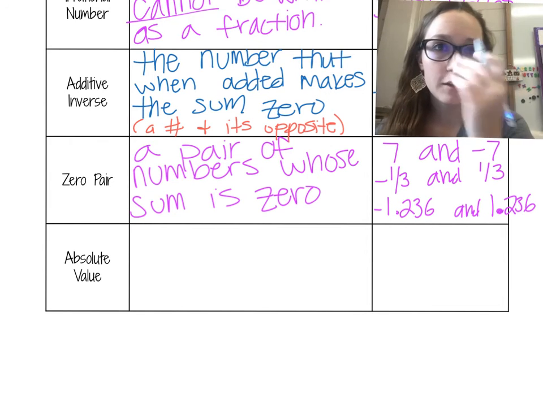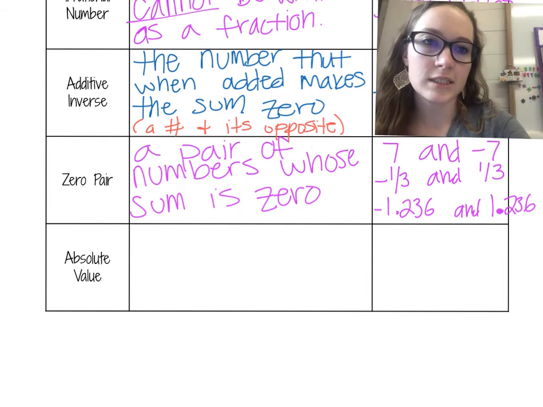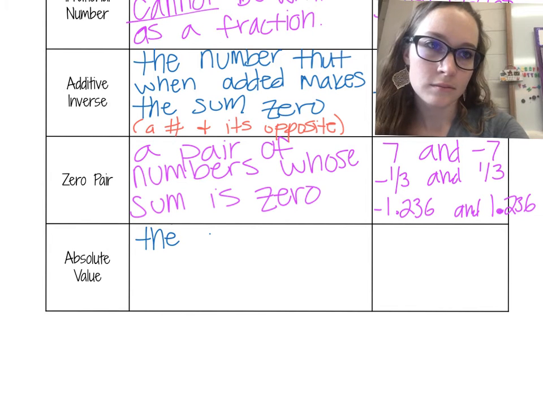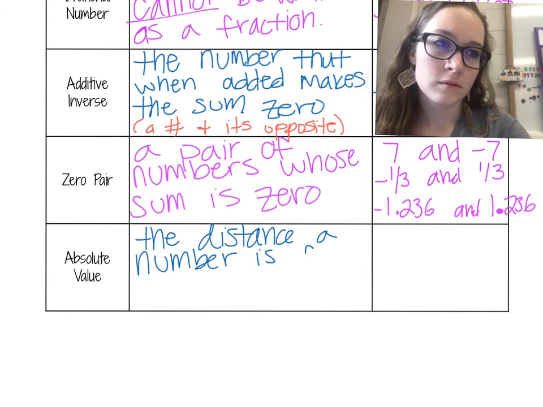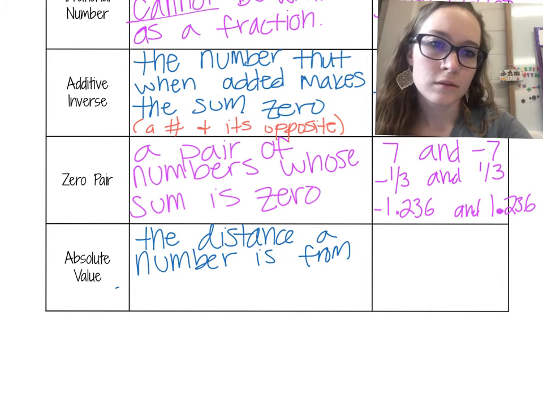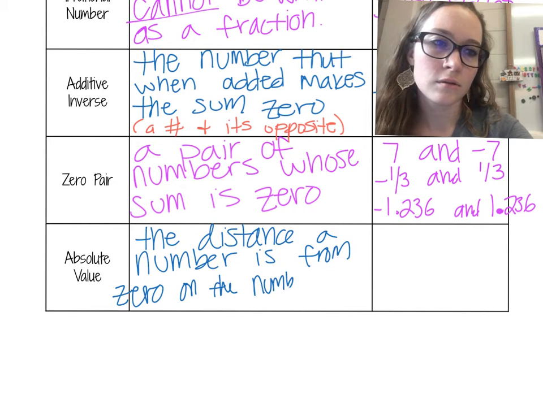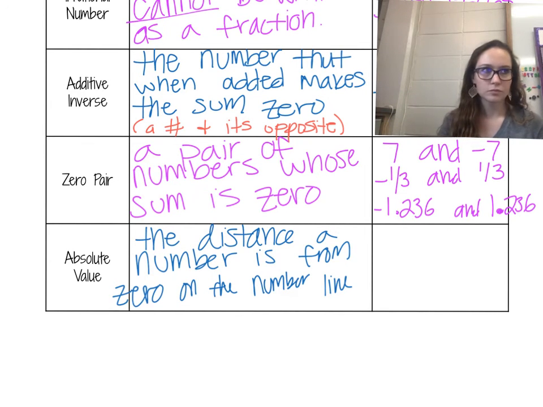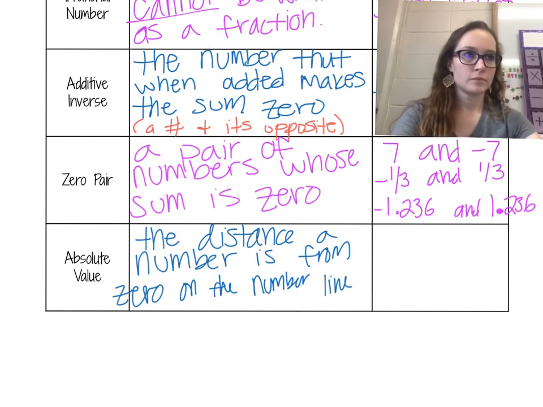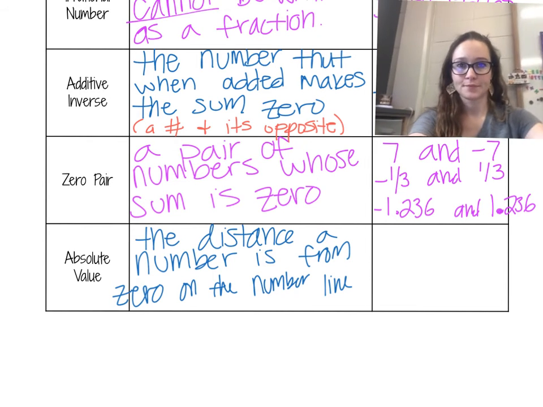Okay, the absolute value is the distance a number is from 0 on the number line. Okay, so I'm gonna scoot you back, okay?